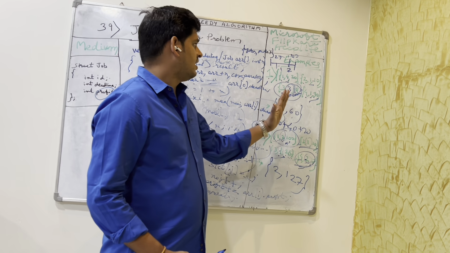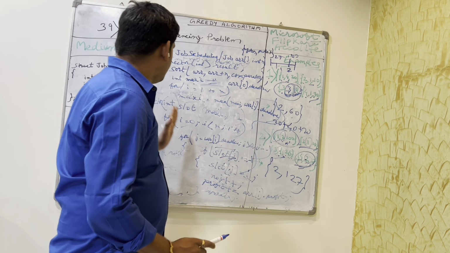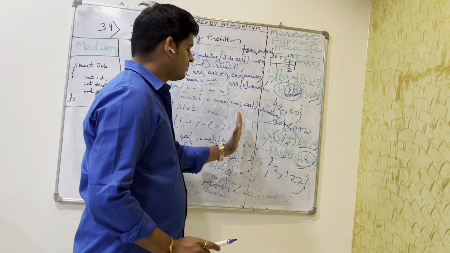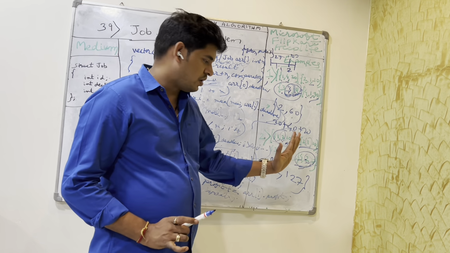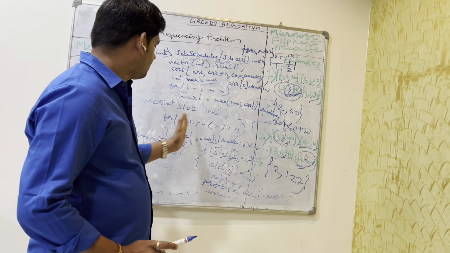So what have we done? We have sorted the jobs according to profit, then found the maximum deadline, and then taken that number of slots and assigned them as -1. Then we used double loops, inner loops.